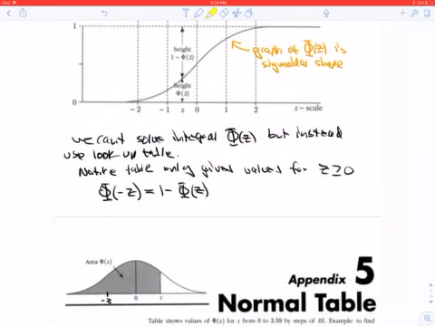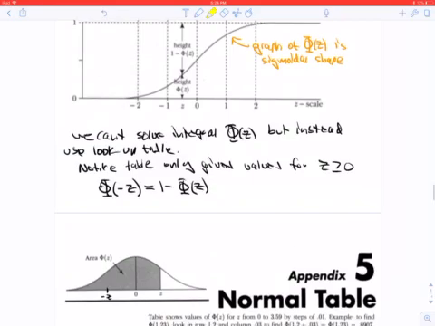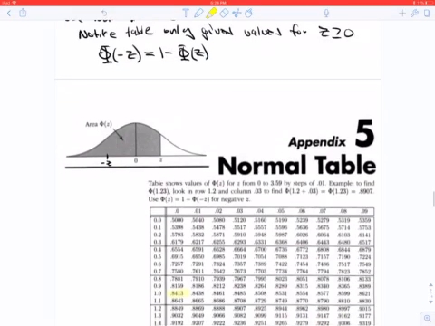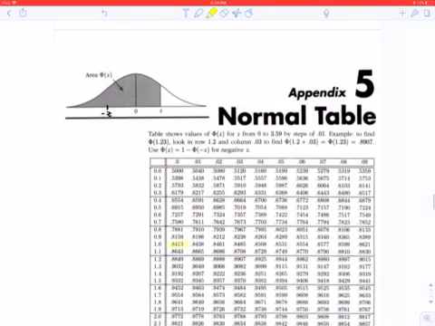You can't solve the CDF exactly. Rather, you need a lookup table or computer to find it. So you can use, for example, the normal table given in the book here.